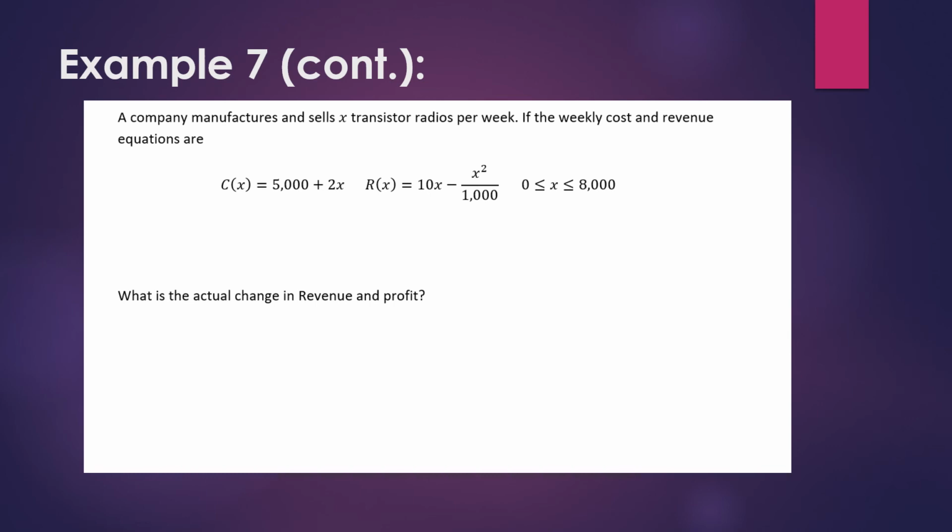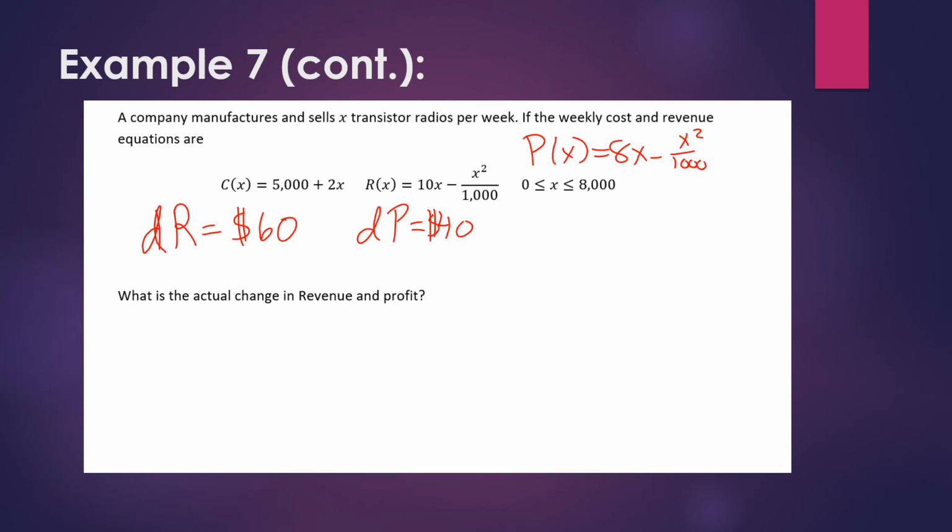So what we're going to do here is remind us that on our last slide, we got that the change in revenue was approximately $60 and our dP was $40. That way we can compare our answers. We also need to use the profit function here. So our P of x was 8x minus x squared over 1,000 minus 5,000.